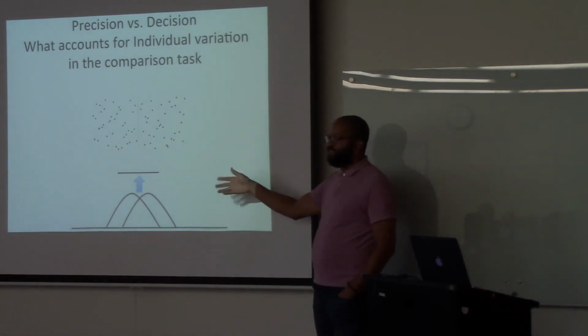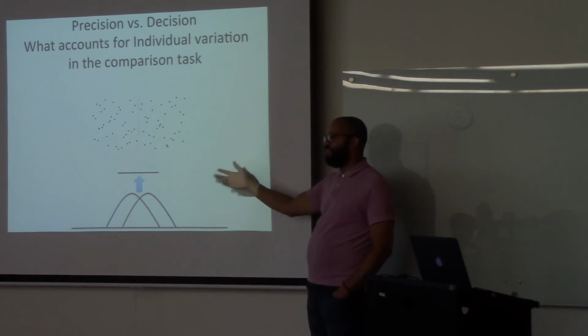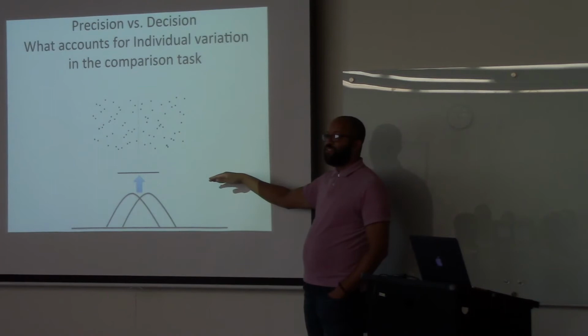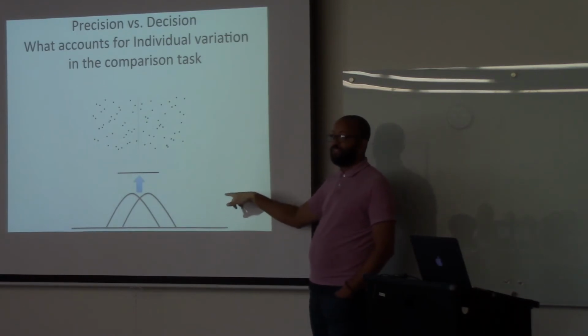I assumed that when you had those, you just do the task. But there's probably something in between, and you can think about some sort of decision process layer. Think of it like neural networks. You have the initial representation layer of the two numbers you're looking at. Then you have some sort of decision process that decides which one is the larger one. And maybe there's individual variation in the decision-making process that is not captured in just looking at individual variation in those neural tuning curves.